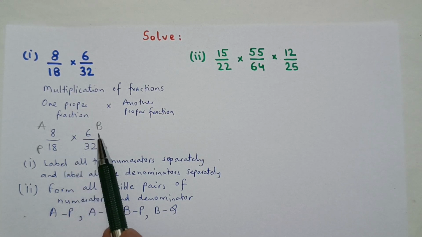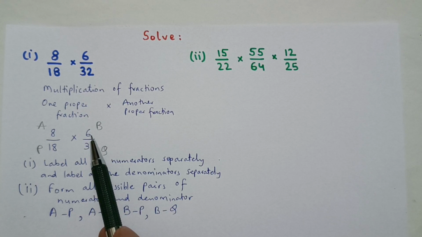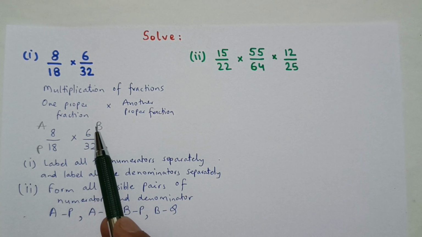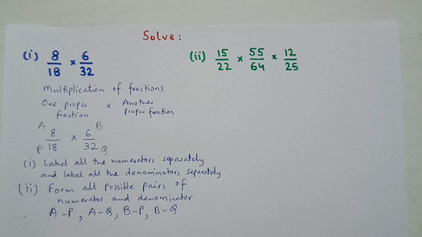Then go to the next numerator, which is 6. For 6, the possible pairs are 6 and 18 and 6 and 32. That is the most efficient way of forming all the possible pairs.